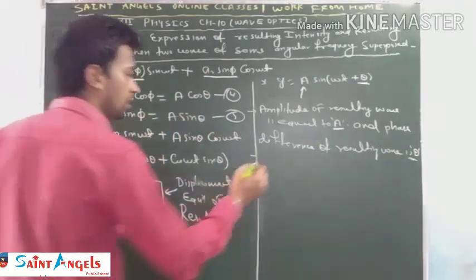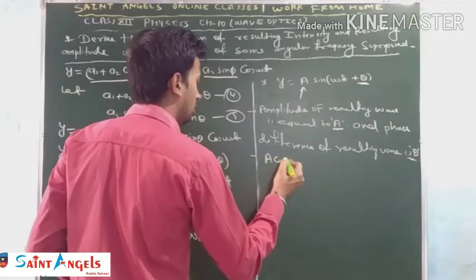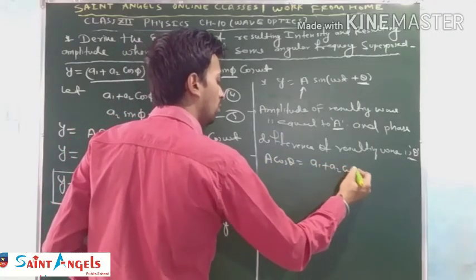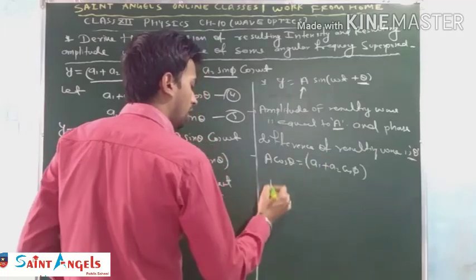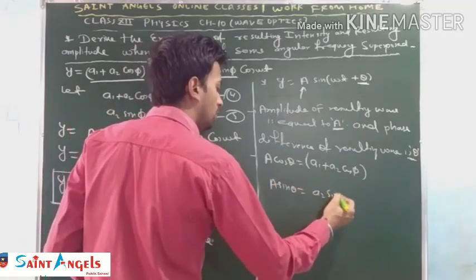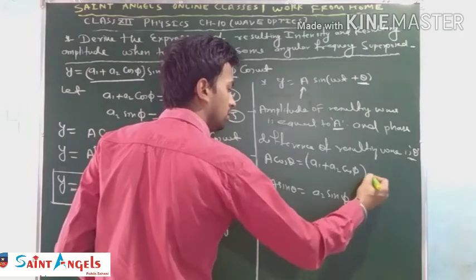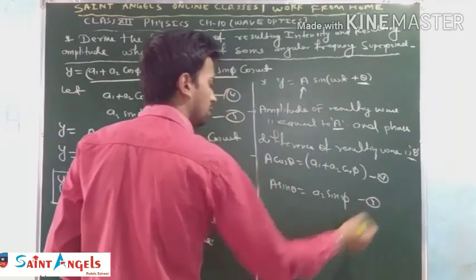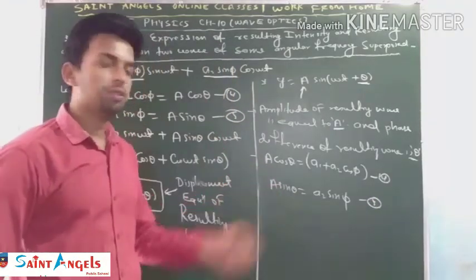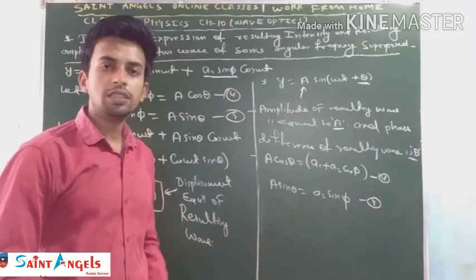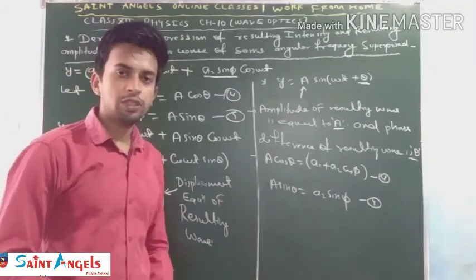a cos theta equal to a1 plus a2 cos phi, and a sin theta equal to a2 sin phi. Now by using these two equations we calculate the resulting amplitude, resulting intensity and resulting phase angle.